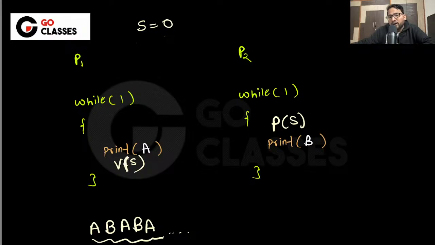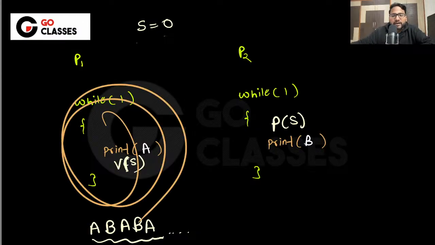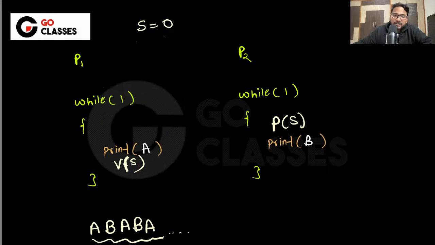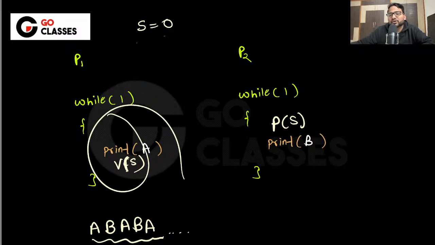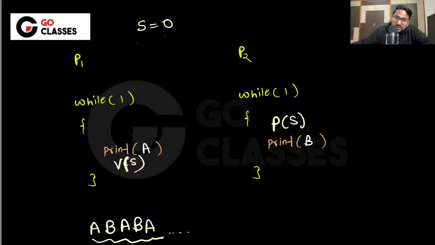But that's a very interesting problem: here A will get printed and then B can get printed, that's okay, but A can also get printed two times. Is this really the desired case? No, right? You want to wait on this A also.